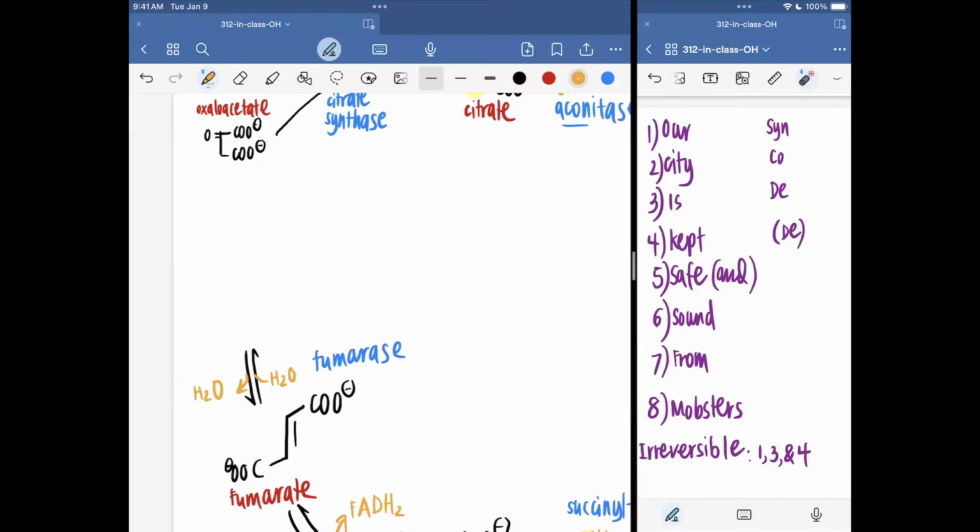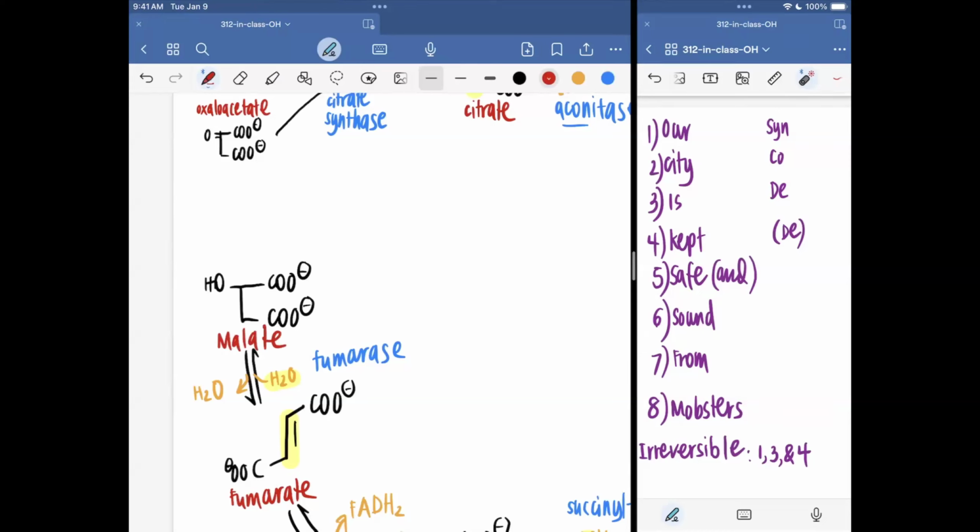And so this is going to allow us to produce malate, which we have seen also in the pathway where we're looking at pyruvate going back up to glucose. And so what has happened here? We have used water to allow us to hydrate the double bond. So that gives us our product, which is malate.